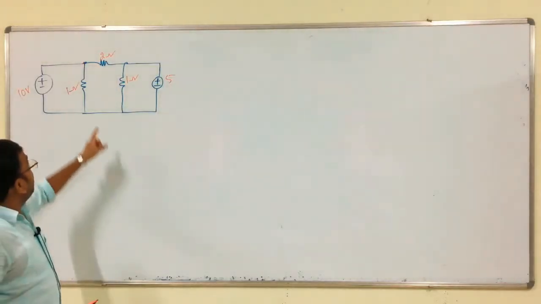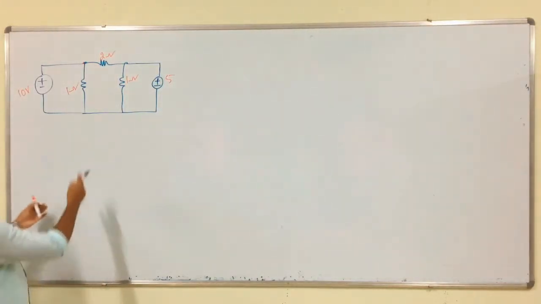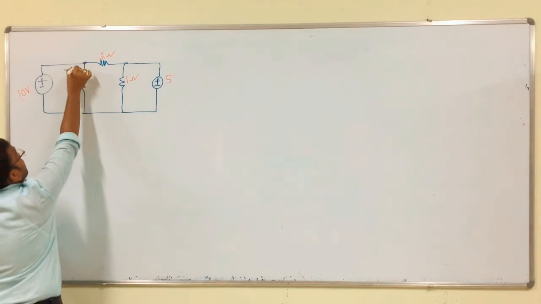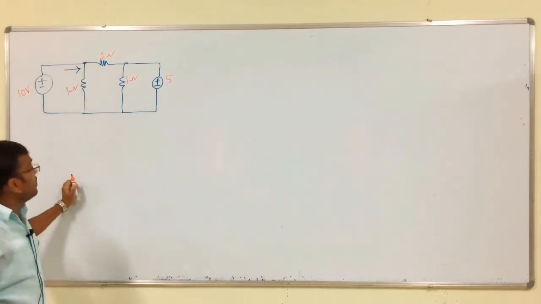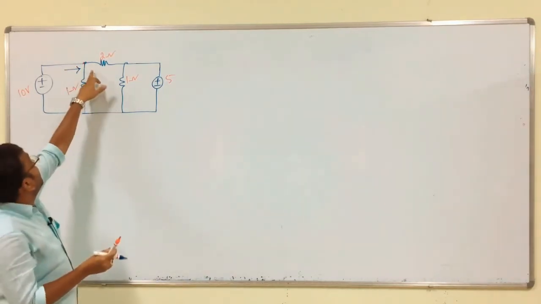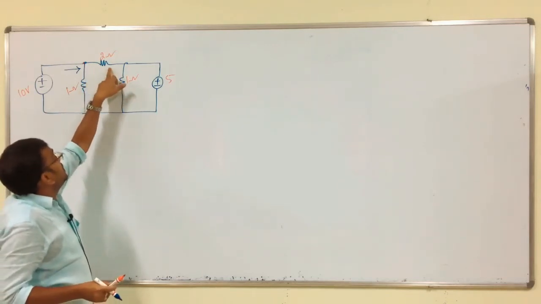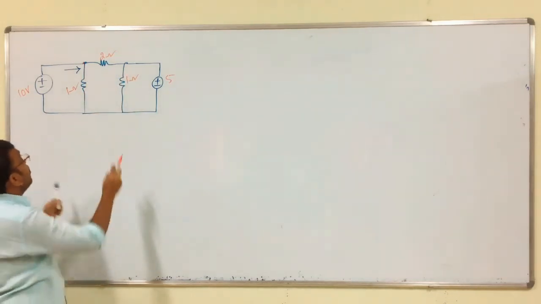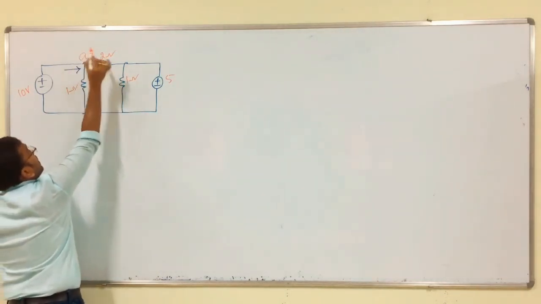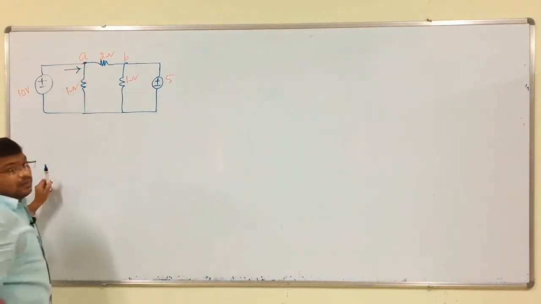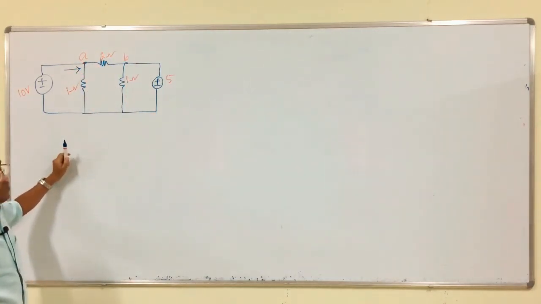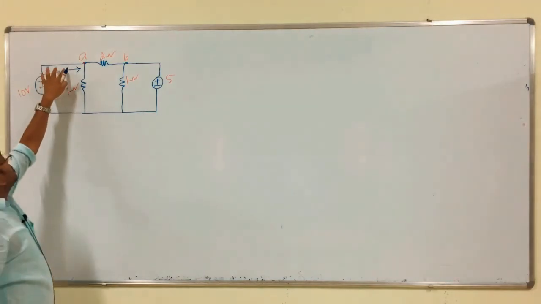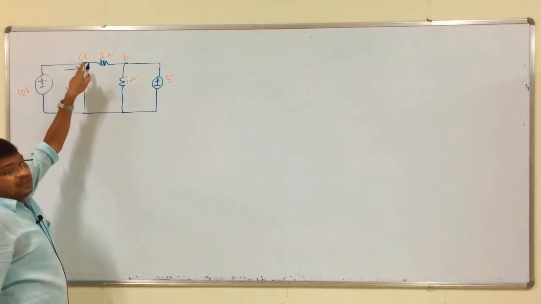So, for this problem, the examiner provides, for example, the current direction like this, but he did not provide any direction towards this branch, in this branch, in this branch. We have two nodes, those are A and B, and we have to check is there any voltage drop between this voltage source and this reference node.